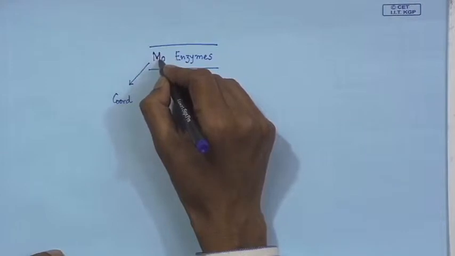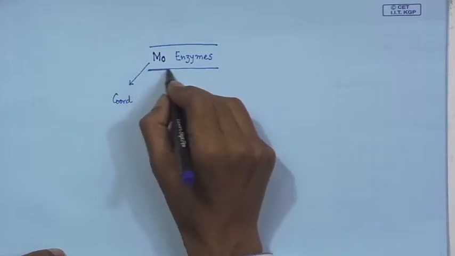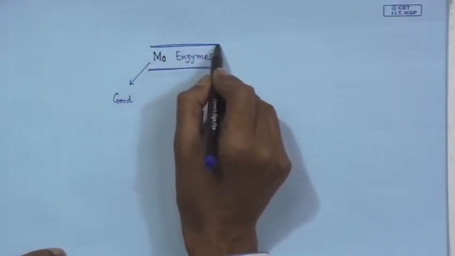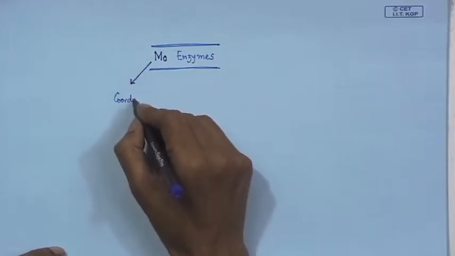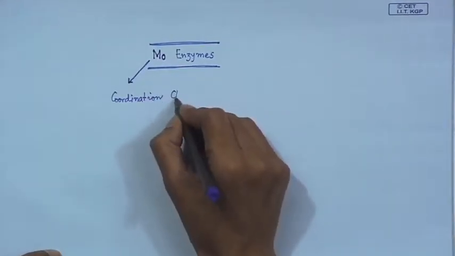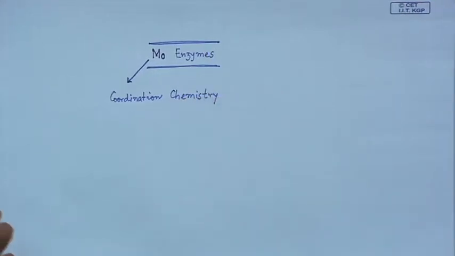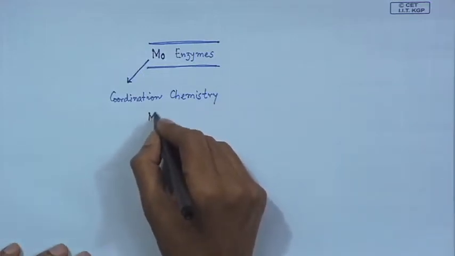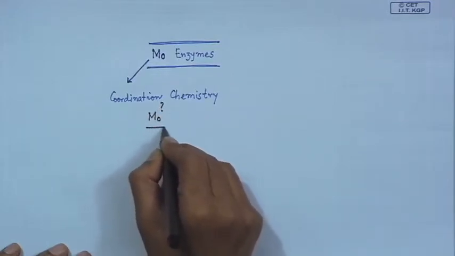So, we will still continue with our system which we were talking about earlier, the molybdenum enzymes, and these enzymes are very useful in nature because they all use the corresponding coordination chemistry of the molybdenum center. The central role played by the metal ion is molybdenum in its several oxidation states.